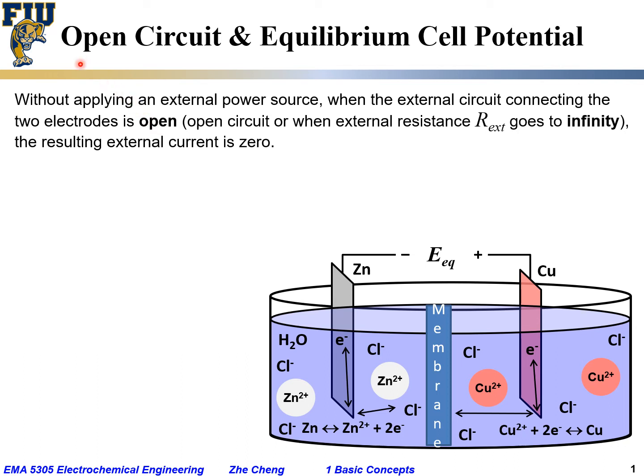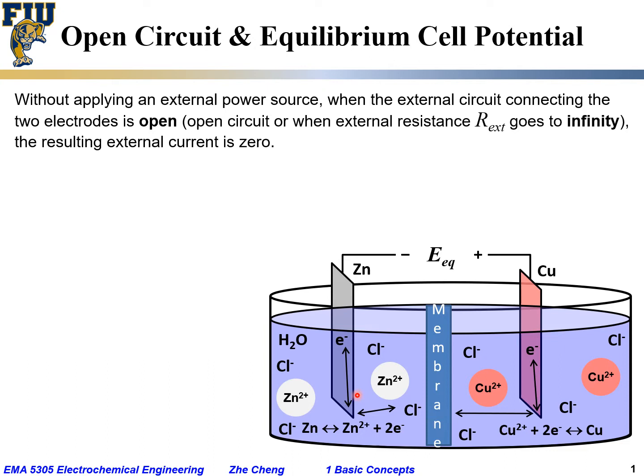We talked about the electrochemical cells, the electrolyte, the two electrodes, the cathode while the reduction is happening, the anode while the oxidation is happening, and we also talked about the features for electrochemical reactions such as the separation of the oxidation half-cell reaction and the reduction half-cell reaction, or the cathodic half-cell reaction versus the anodic half-cell reaction.